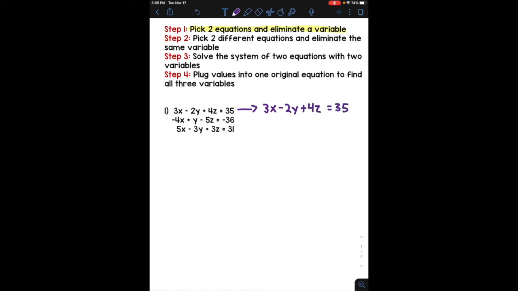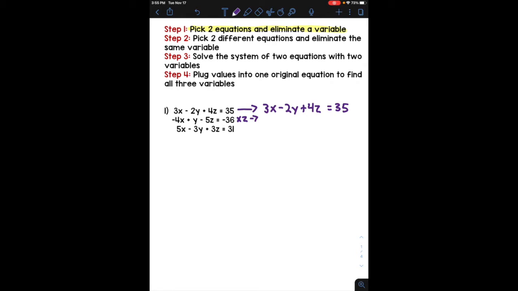And I'm going to eliminate the y using the second equation, but I obviously need to multiply the second equation by a number in order to do so. The easiest way I see would be to multiply the second equation by 2.